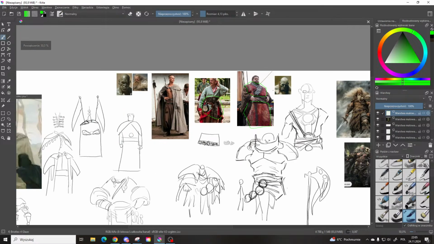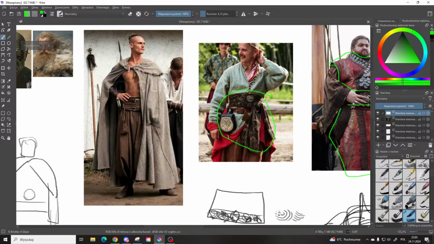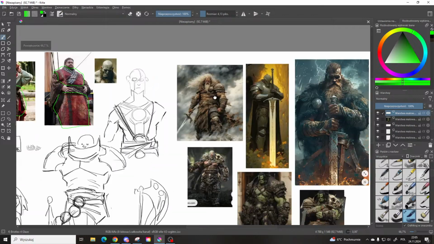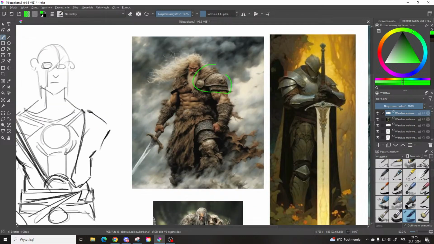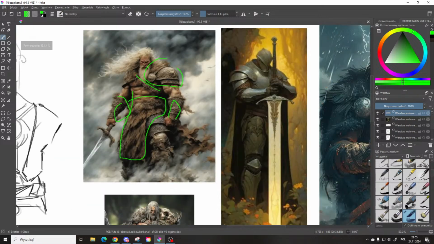No, it's not rope. Ropa is a Spanish word. But I like this. This has a cool cape. Here this and probably those two. I'm not sure about this belt though.